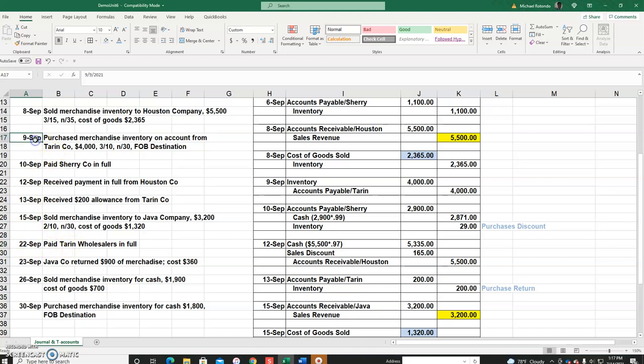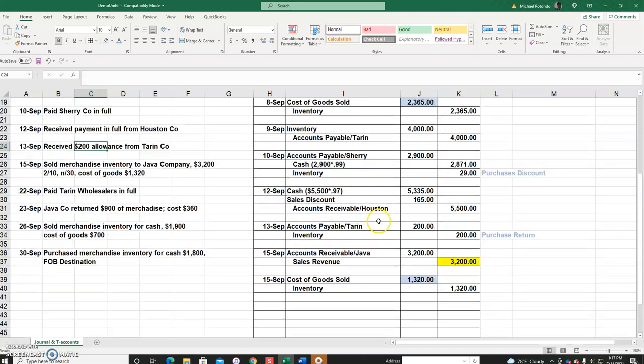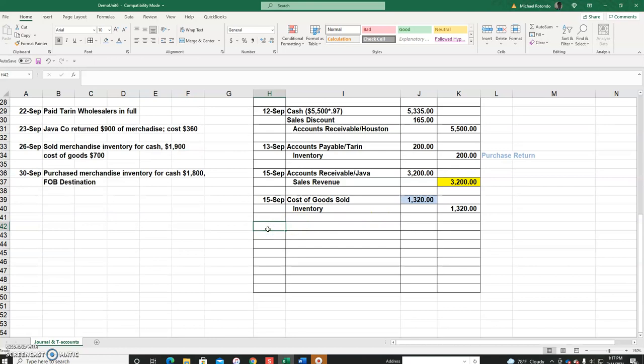So what we have to do then is pay $3,800, right? We didn't have the discount here because we didn't make the discount date. So basically, to summarize, we have to pay the $4,000 minus the $200 allowance they gave us. In this case, there's not going to be any discount. So we're just going to debit accounts payable for Terran for $3,800 and credit cash.